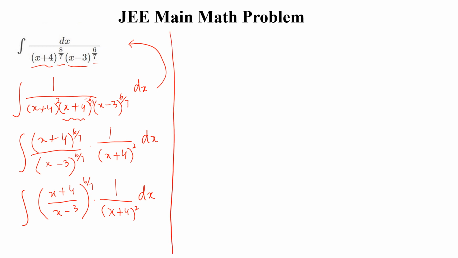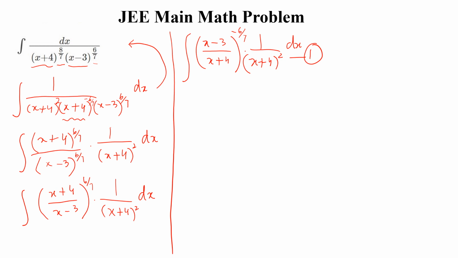And next we can write this as (x minus 3) divided by (x plus 4) whole power minus 6 by 7 into 1 over (x plus 4) whole square dx. Now let this be equation 1.